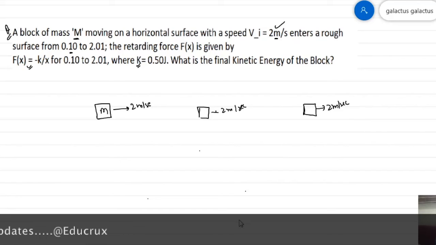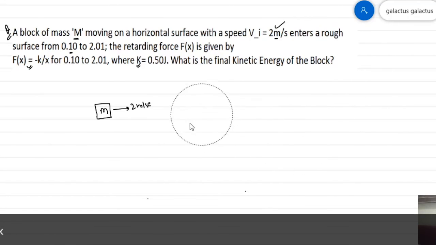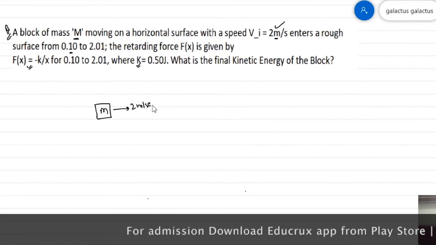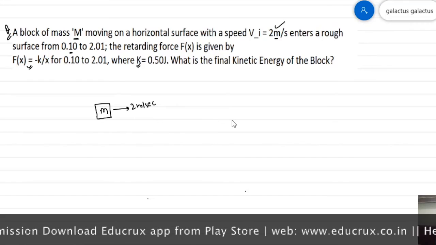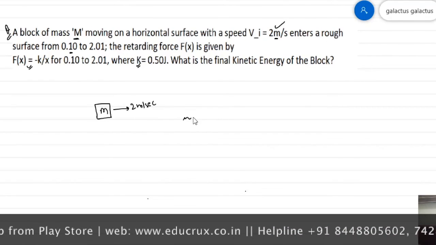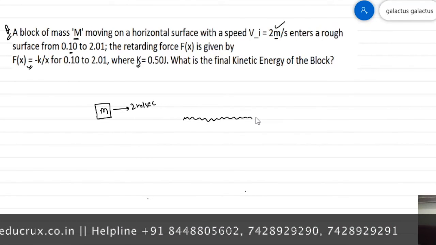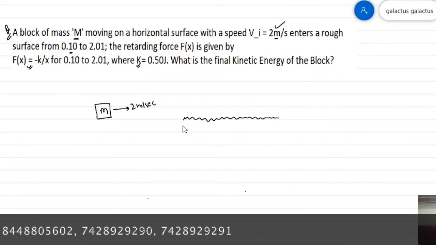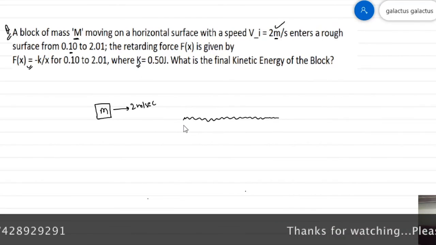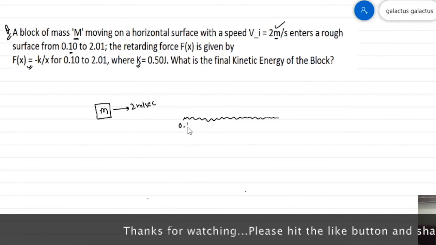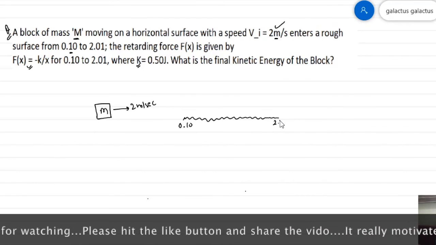But suppose the block is moving with an initial velocity of 2 meter per second and it encounters a rough surface, kind of like a bumpy road, when it goes from 0.01 to 2.01.